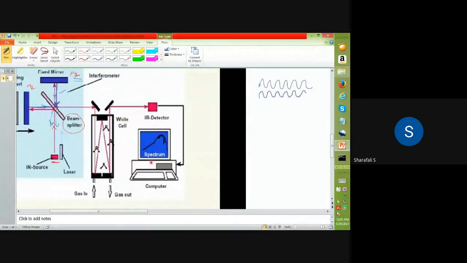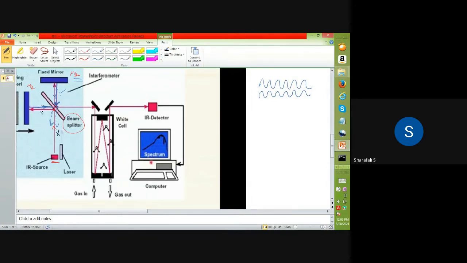If you are sending a single radiation to this beam splitter, I think it is better to use some notation. Let's say this wave from the source, whatever we are sending, is one single wave, and let's say that is X which is coming.